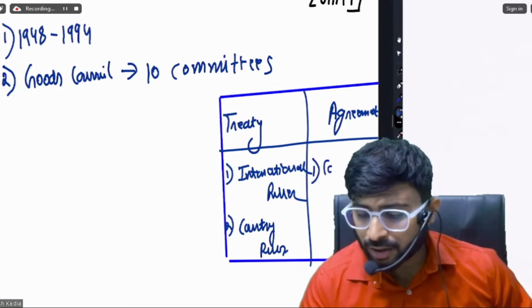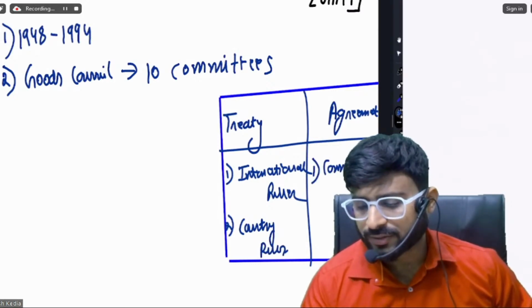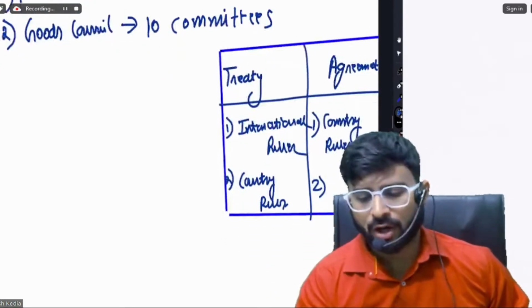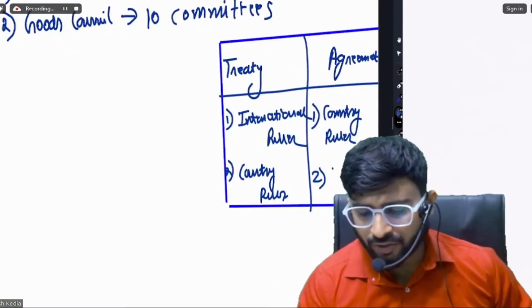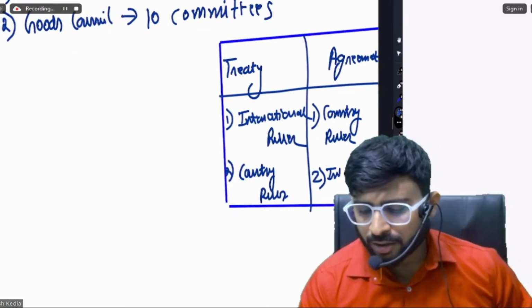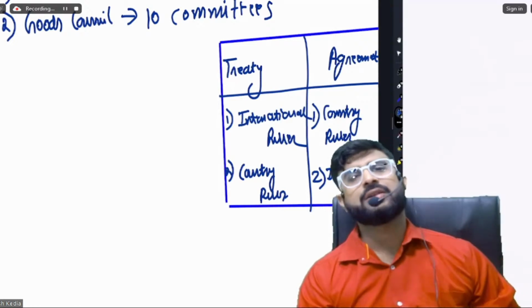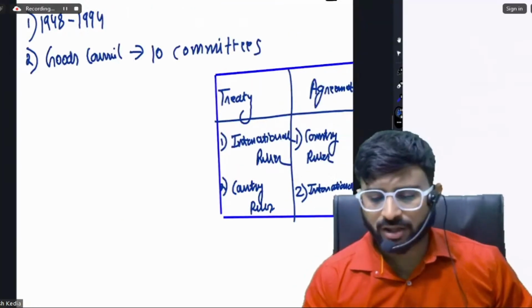But in an agreement, country rules come first, and second come the rules made under the different international systems, international rules. They come second. Understood? Yes, sir, understood.